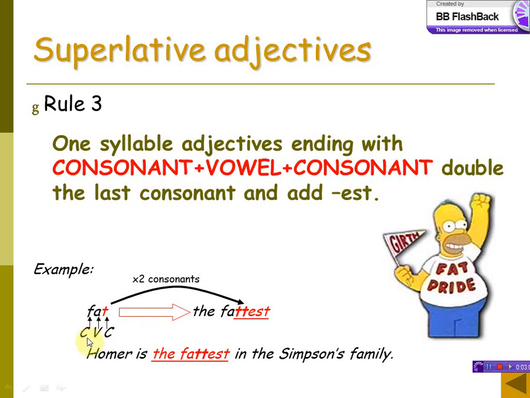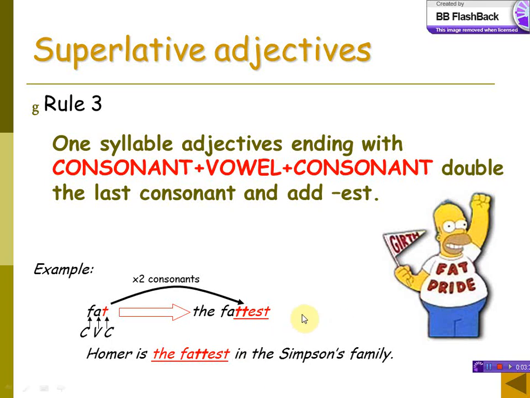So when we use it in the superlative form, we put the before the adjective and we double the last consonant, or the last letter, and put est, so it will be the fattest. Let's see the example. Homer is the fattest in the Simpsons family. Let's continue.